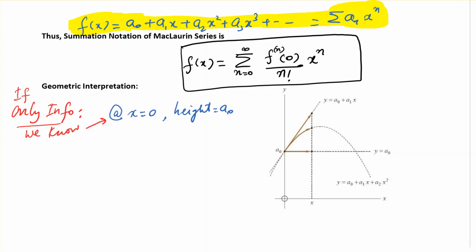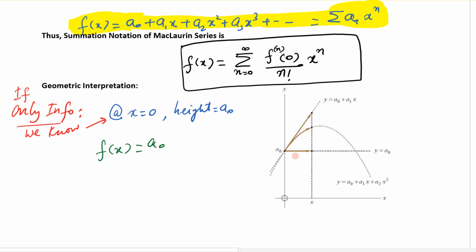If we only know this one piece of information, then we can guess that the function y = f(x) is equal to a naught, right? So that is our horizontal line. We can approximate the function using a horizontal line.